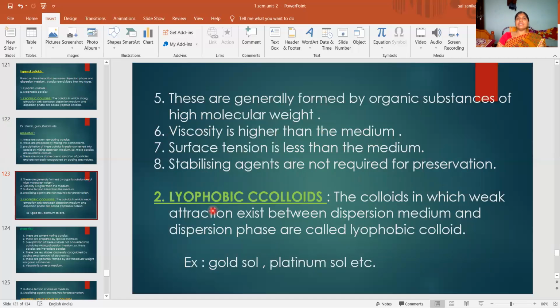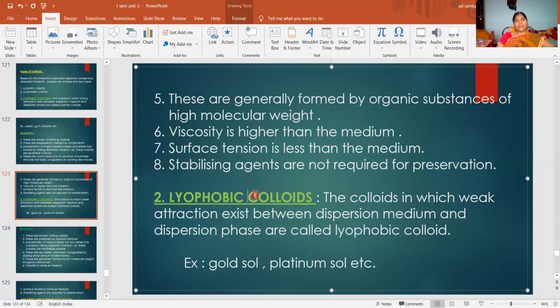So next, the second one is lyophobic colloids. The colloids in which weak attraction exists between dispersion medium and dispersion phase are called lyophobic colloids. Phobic means hating.